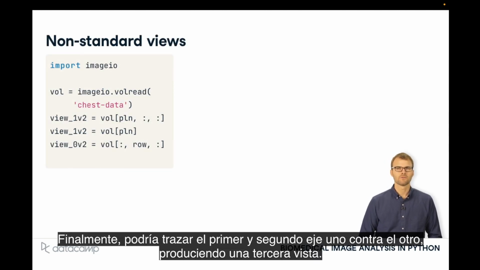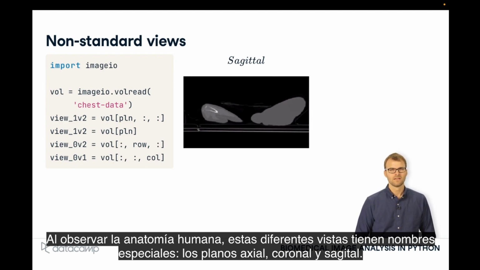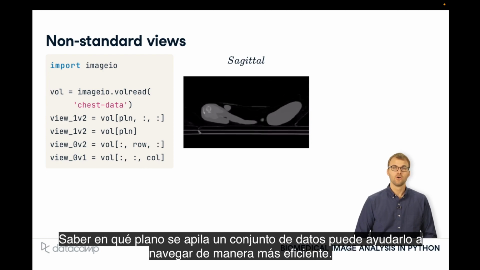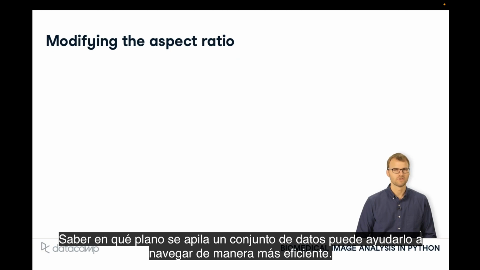Finally, you could plot the first and second axes against each other, yielding a third view. When looking at human anatomy, these different views have special names: the axial, coronal, and sagittal planes. Knowing in which plane a dataset is stacked can help you navigate more efficiently.